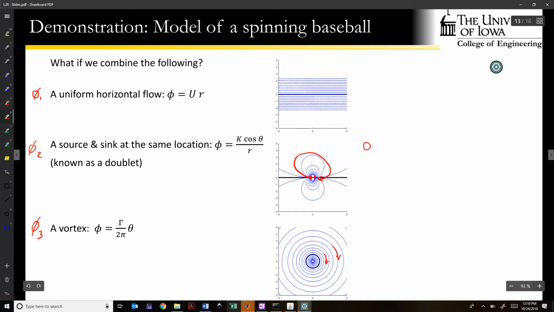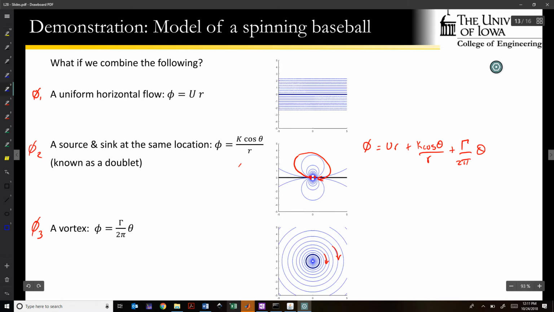Then we can write a master potential function that is simply U r plus K cosine theta over r plus gamma over 2 pi times theta. So we've got a couple of parameters here that we could tune.